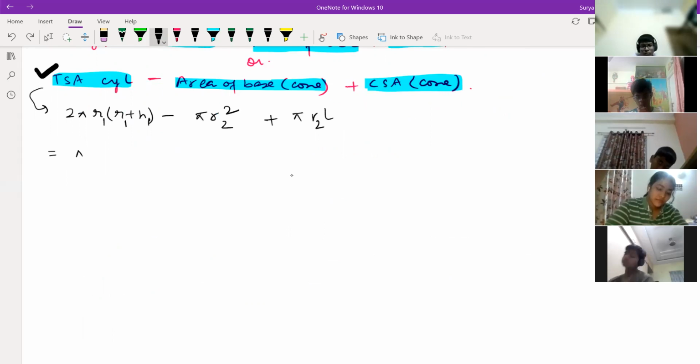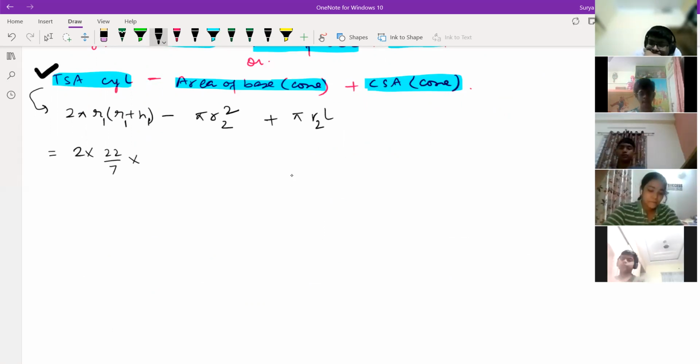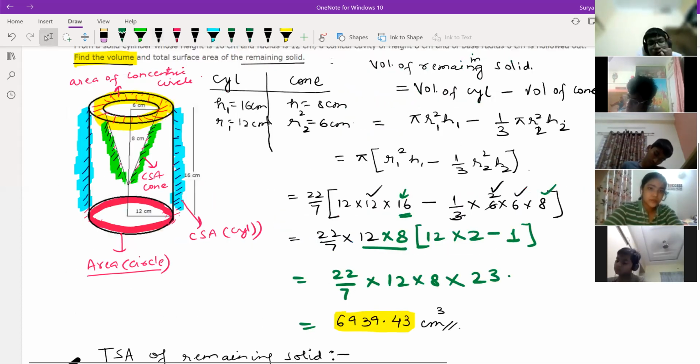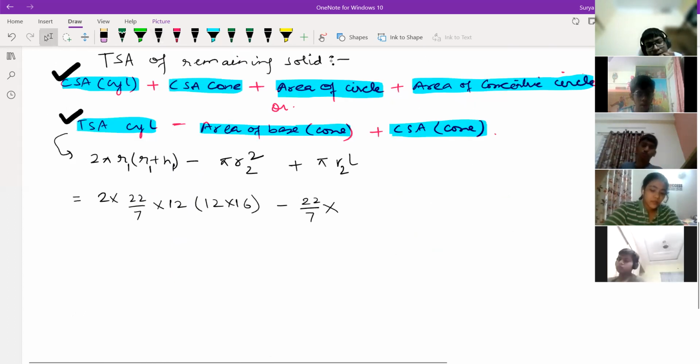So what I can write here, pi only you can take, or directly put the values if you want. Okay, so 2 into 22 by 7. Radius of the cylinder is 12, again 12, and height is 16, right? Is it clear? Minus 22 by 7 into, what is the radius of the base of cone? Cone radius is 6, yes.